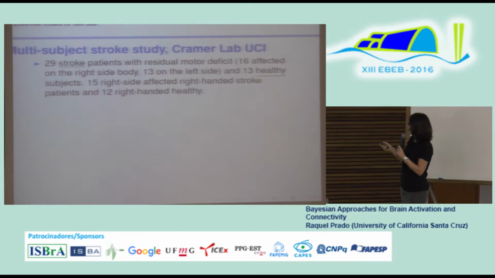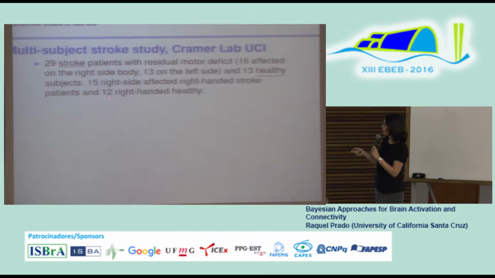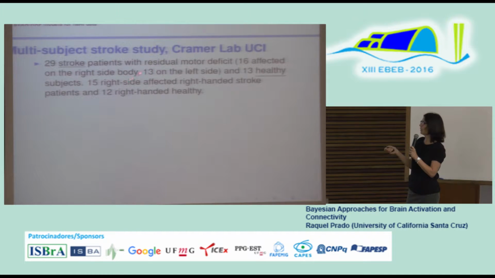And we also have 13 healthy subjects. Because of the way we have the distribution of patients, we had 15 of the right side affected patients who were also right-handed. And in the healthy group, we have 12 that were right-handed and only 1 that was left-handed. So we're going to use only the right-handed patients in this particular case.